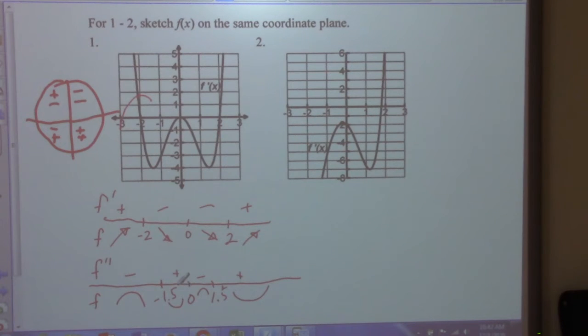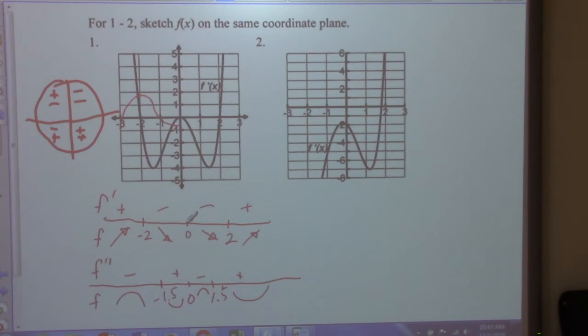What next? Between negative 1.5 and 0, what do we have? Negative over positive. What does that look like? So, this thing here, right? So it's going to come like this all the way to 0. So there we are at 0.